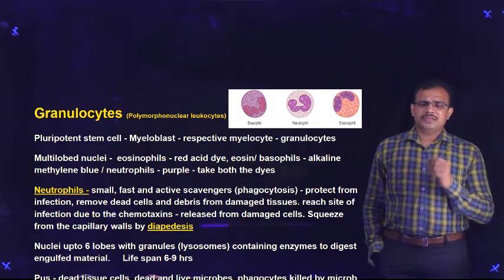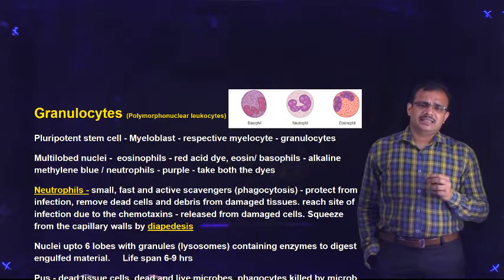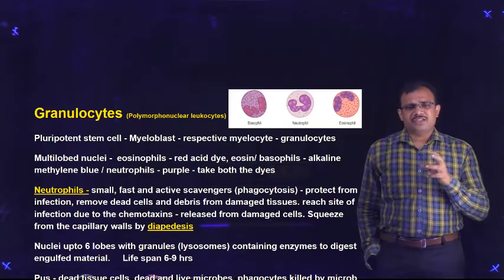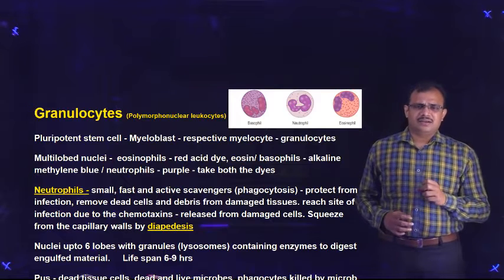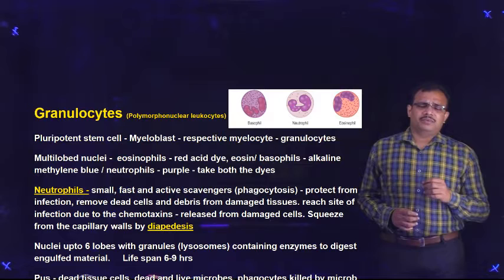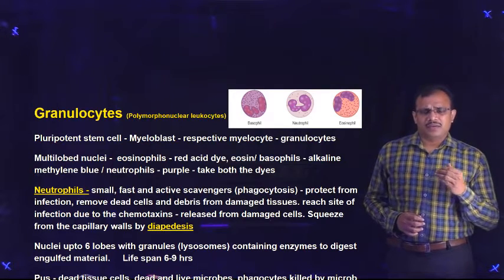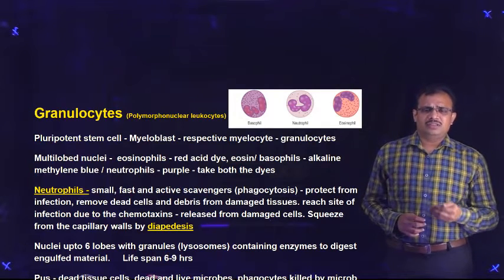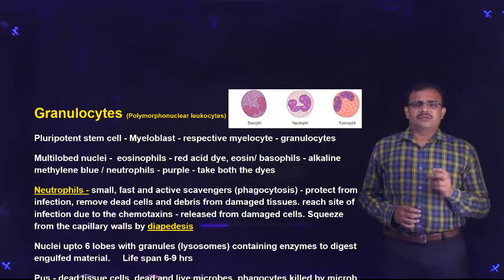So neutrophils are the smallest of all these granulocytes, and they are very fast and very active scavengers. Scavengers in the sense that they will eat all those things which are not necessary for the body, and the process by which they eat these unnecessary substances or invading infectious organisms which enter the body is called phagocytosis.